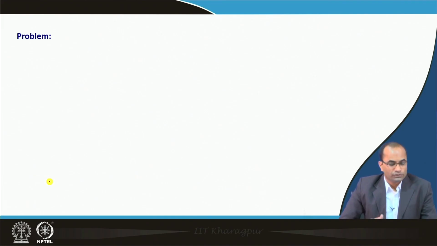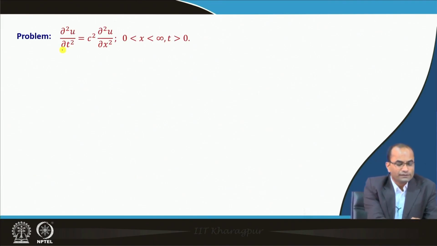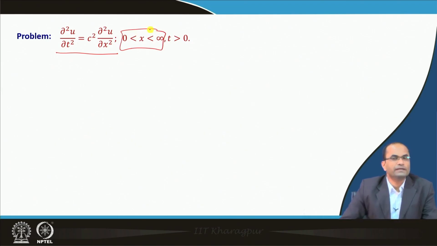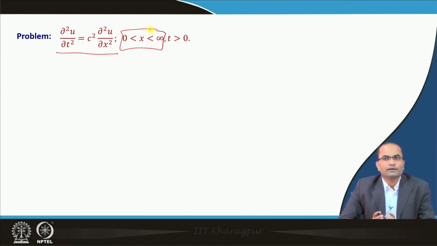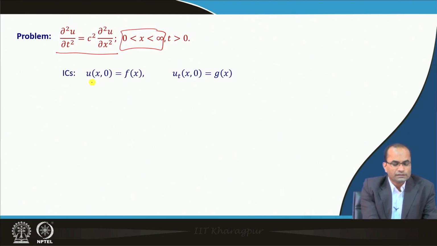Well, getting to a new problem now. We have here again the wave equation, but the domain is 0 to infinity. So, once we see the domain is 0 to infinity, naturally we cannot apply the Fourier transform. We will be applying either the Fourier sine transform or the Fourier cosine transform. The initial conditions are given as u x 0 equal to f x, and u t at t equal to 0 equal to g x.